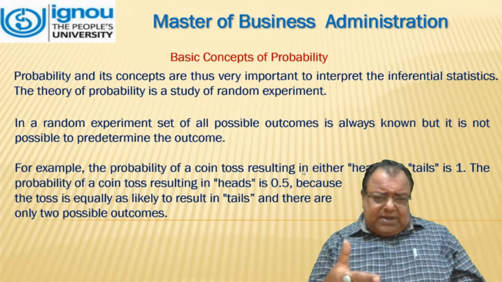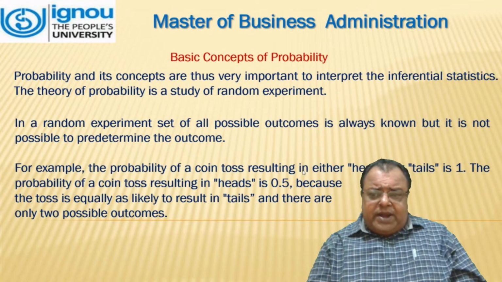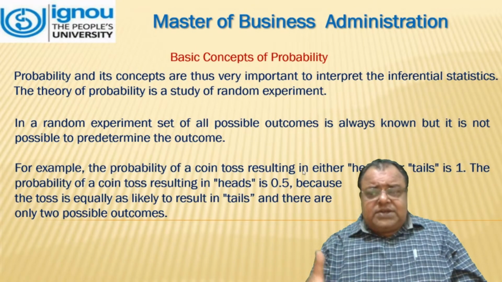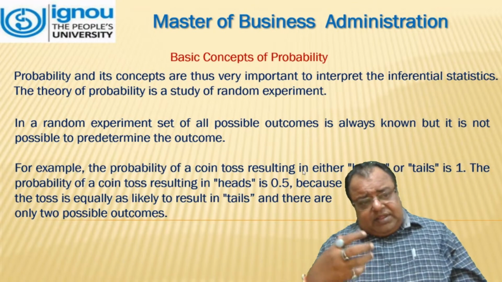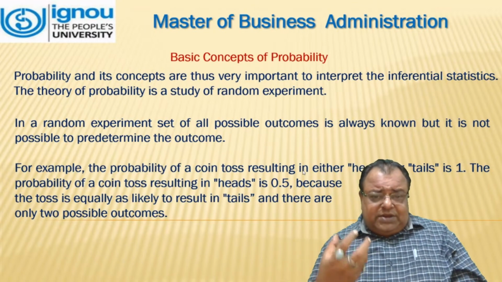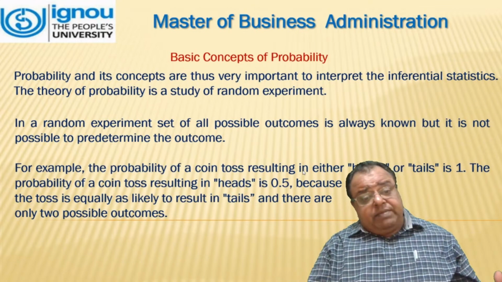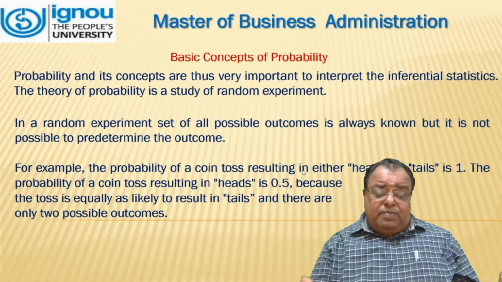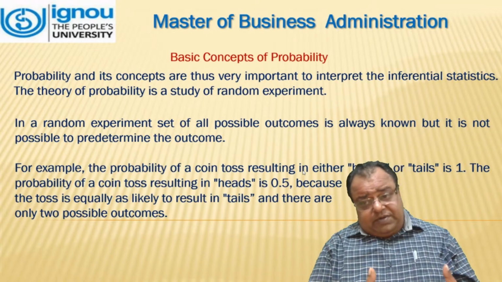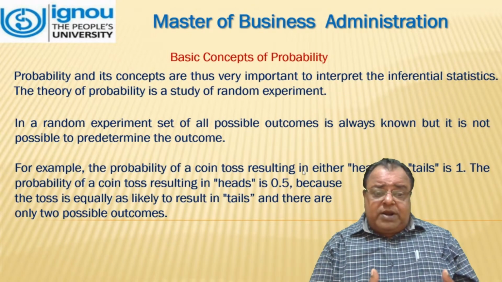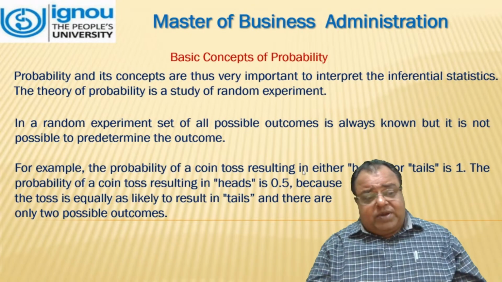Probability and its concept are thus very important to interpret inferential statistics. The theory of probability is a study of random experiments. In a random experiment, the set of all possible outcomes is always known, but it is not possible to predetermine the outcome.